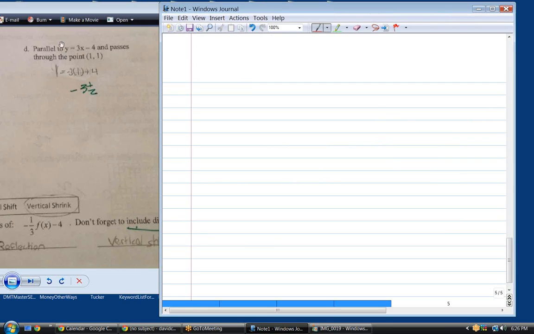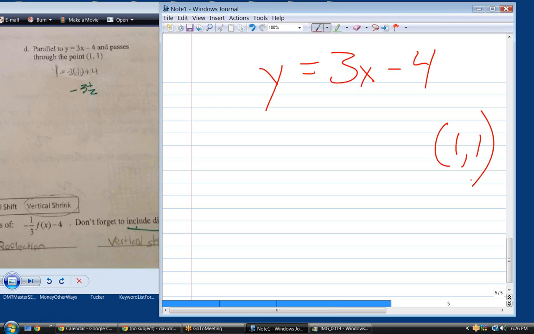They're saying that they want the equation of the line that is parallel to this line. They don't want the equation of this line right here. They're giving us this line. They're saying there is another line that's parallel to this line and goes through the point 1, 1. Well, the fact that it's parallel to this line tells me what? That it's right next to it.